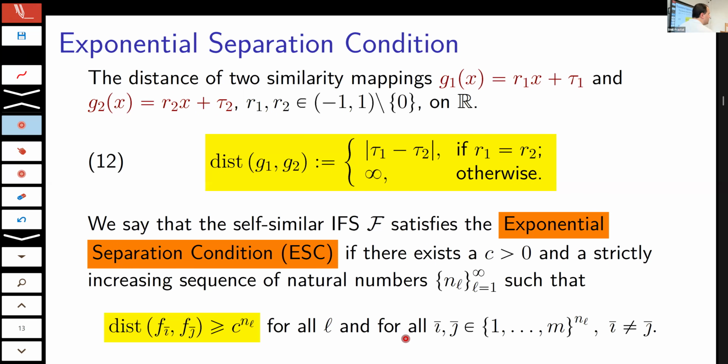That's why it's exponentially separated. They're separated in this fashion on all different scales, infinitely many scales.